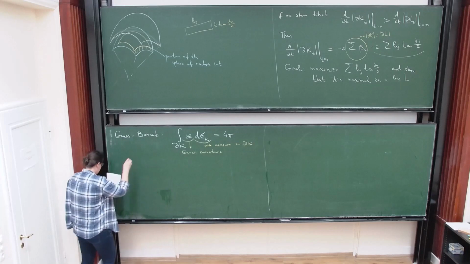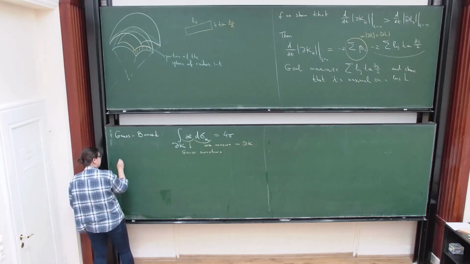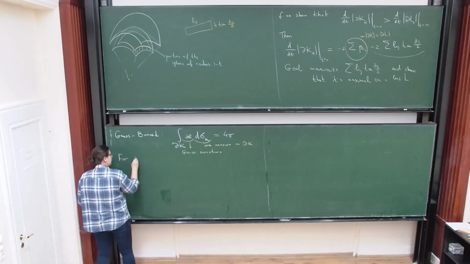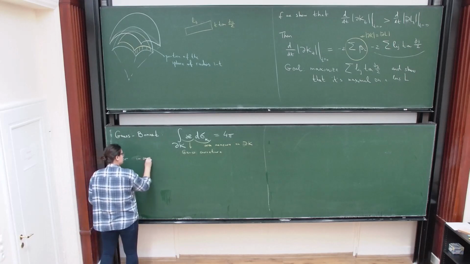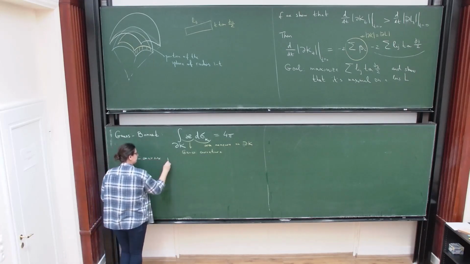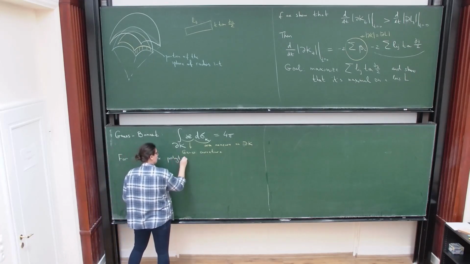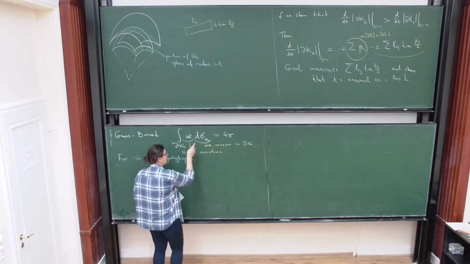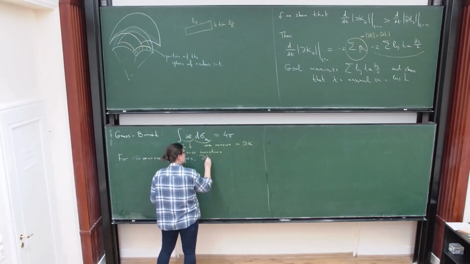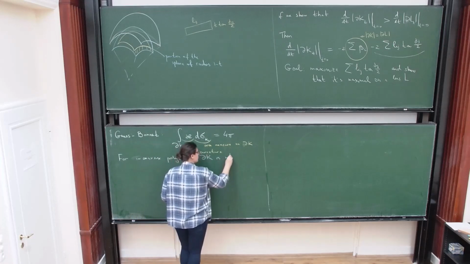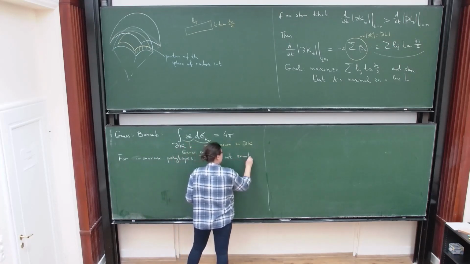So let's see. For my convex polytopes, how can I rewrite the left-hand side? The boundary is not smooth.